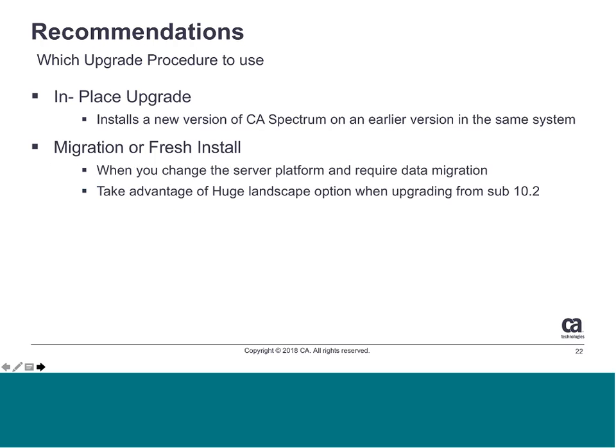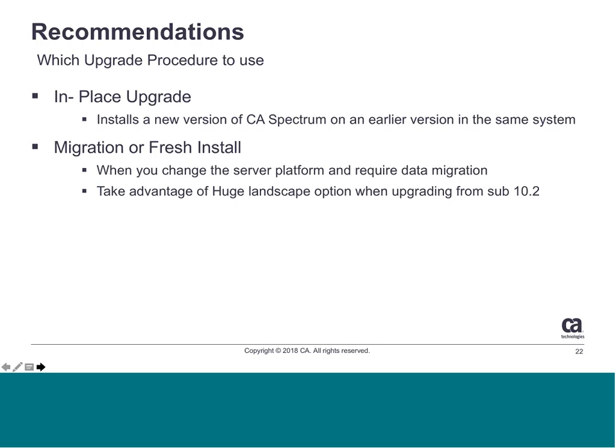Now, again, what you should follow depends on your network, and you are the best judge of what sort of upgrade is required for your Spectrum deployment. If we talk about an in-place upgrade, as we mentioned earlier, it installs a new version of Spectrum over an earlier version in the same system.